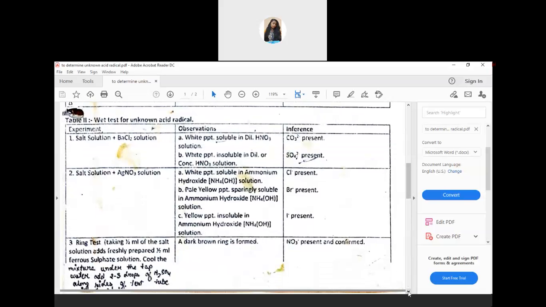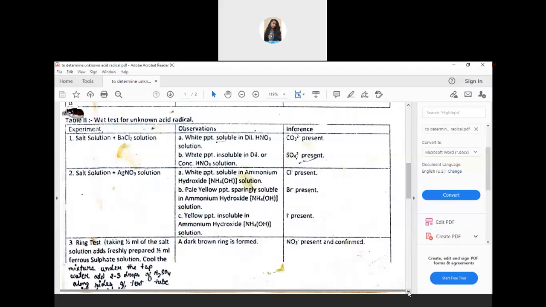If you take a salt solution and add barium chloride, a white precipitate can be formed. That precipitate can be dissolved in HNO3 or cannot be dissolved in HNO3. Got it? If the white precipitate is soluble in nitric acid, that means carbonate ion is present.